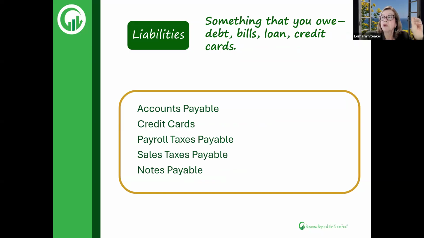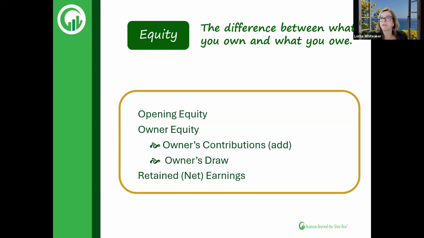Liabilities: something you owe, a debt of any kind, bills that you have not yet paid, a loan that you have, credit card debt, okay, a vehicle purchase, which can be an asset and a liability. So the vehicle has an asset value, but I also owe money on it. And that's a really good way to explain what the next one is when we talk about equity, the difference between what you own and what you owe.